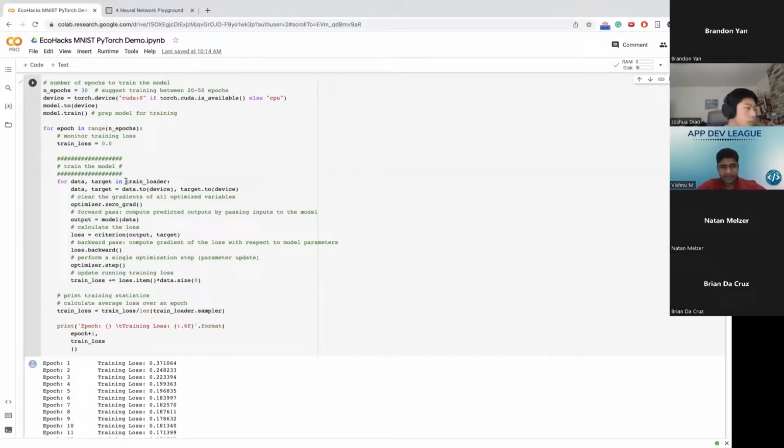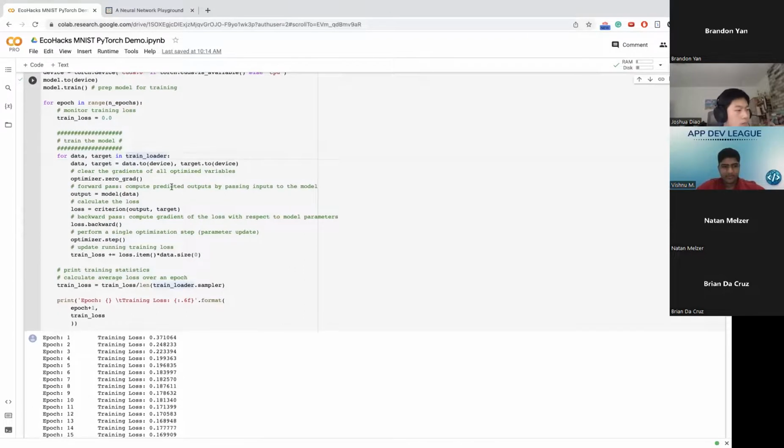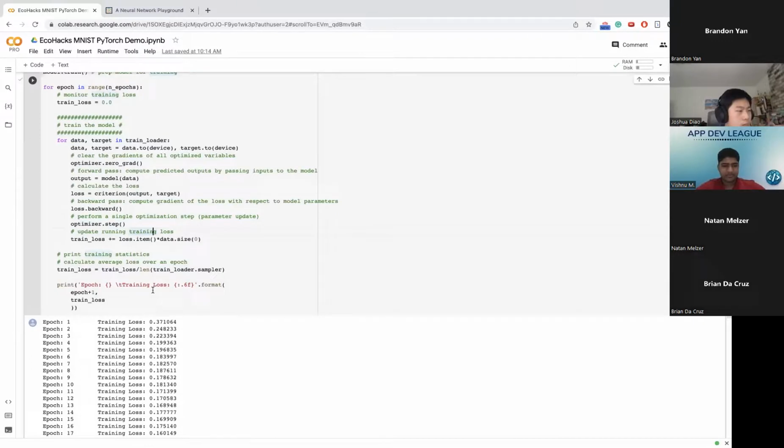Then here, this train loader was defined earlier to be the training set. So you just iterate through all of the data and target inside of that training loader. All of this stuff basically just trains the model on the data set and optimizes it by changing the weights and biases of the nodes.